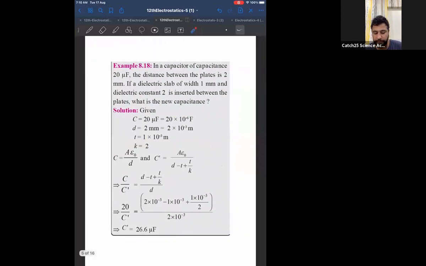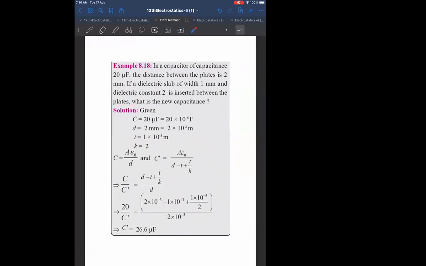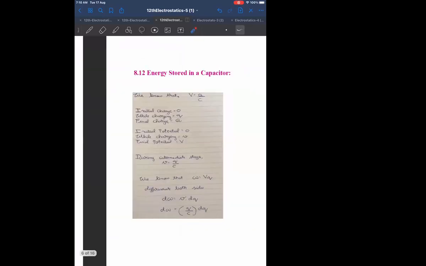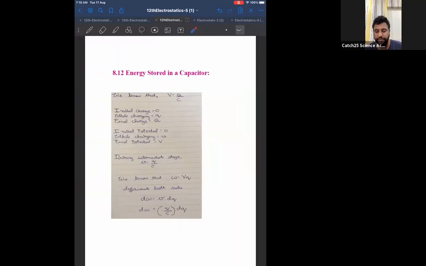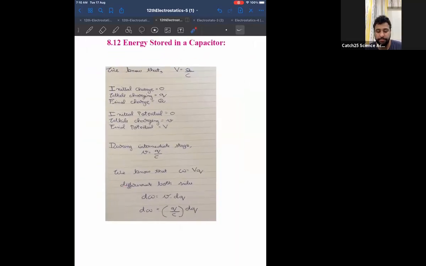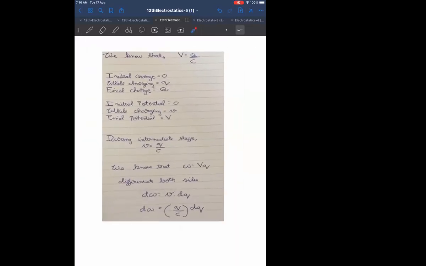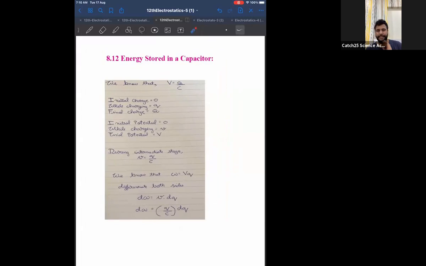And we have done this problem? Yes, sir. And we have finished energy stored in a capacitor? No, sir.